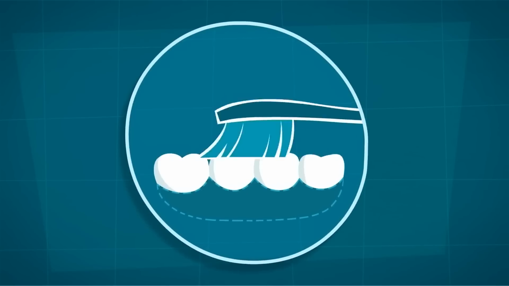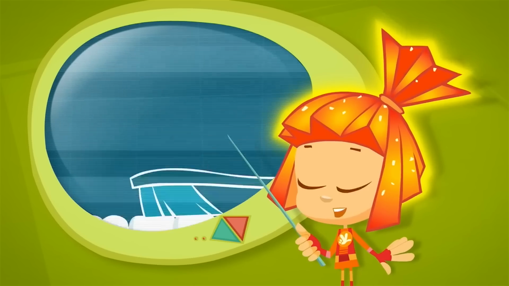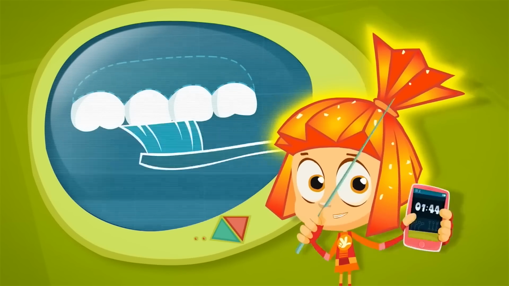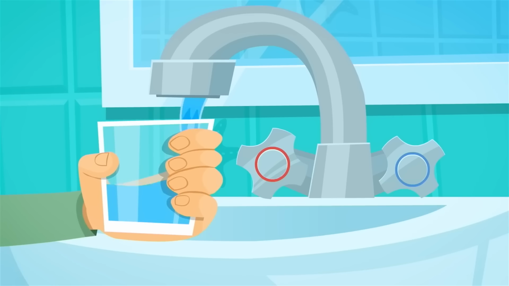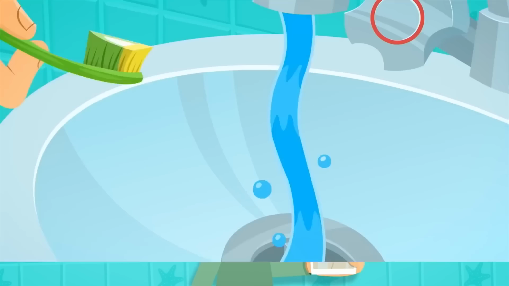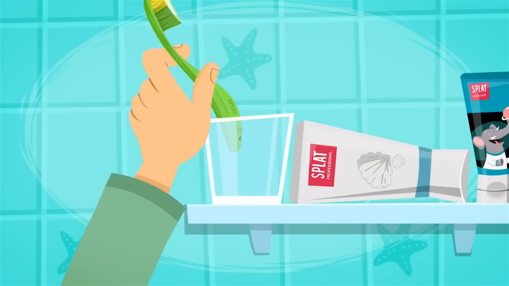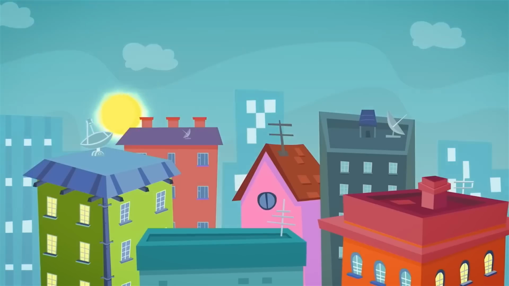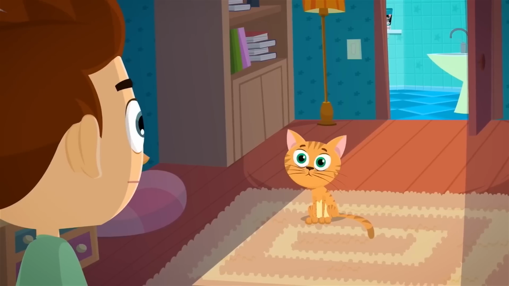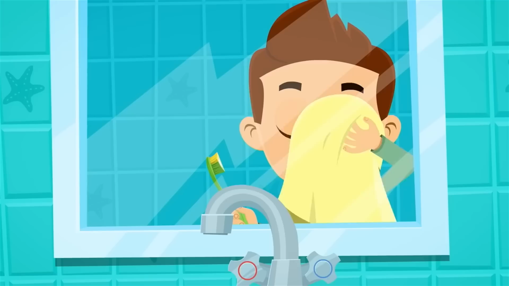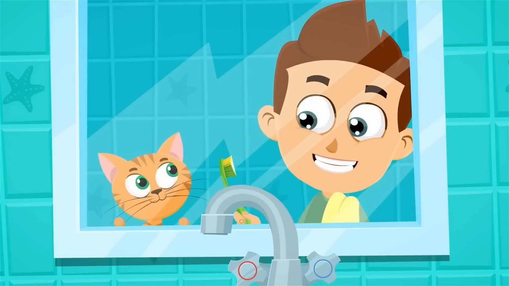These are the teeth that you use for chewing. Go back and forth, over and over. You should brush a full 2 minutes, no less. Now it's time to rinse out the toothpaste from your mouth and clean the brush. That's right, the brush needs to be clean too. And please, don't be lazy. If you brush your teeth 2 times a day, they'll stay in great shape for many years to come.